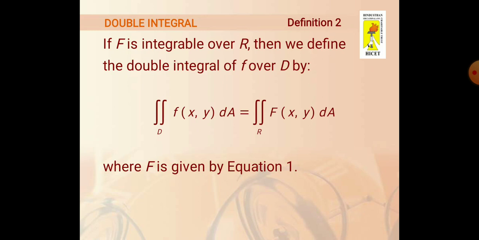The procedure that we have used is reasonable because the values of F of x comma y are 0 when x comma y lies outside the domain, and so they contribute nothing to the integral. This means that it does not matter what rectangle we use as long as it contains the domain. In particular, this is the case for type 1 and type 2 regions.